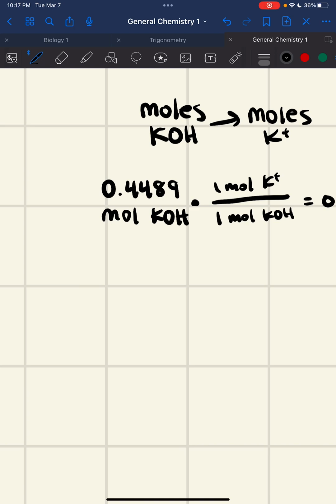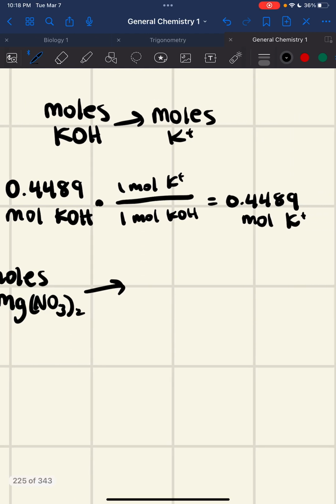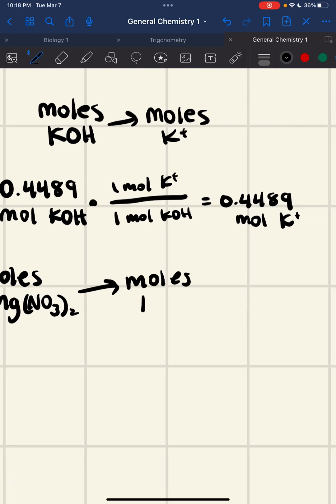And then now I'm going to do the same thing, but for nitrate. But magnesium nitrate is what I will be beginning with. So again, I'll still have my moles. Let me do my map. My moles of magnesium nitrate to my moles of NO3. Alrighty.